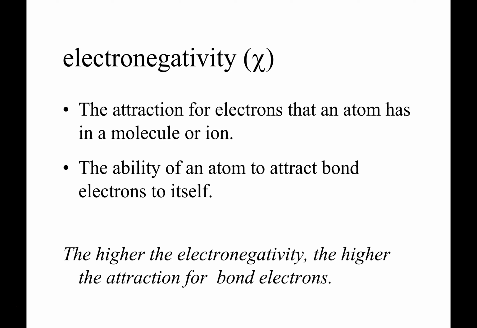So since oxygen is 3.5 versus 2.1, that's why it's partially negative. One of the tasks you're going to be doing in this first lecture part is looking at a molecule and at how the individual bonds are, to see what sort of things are going on.